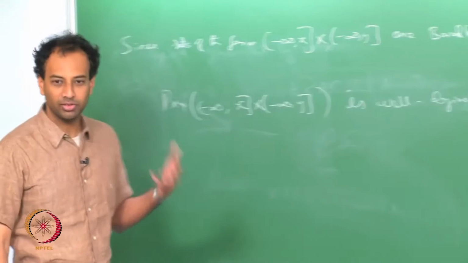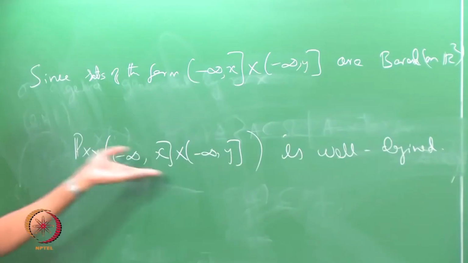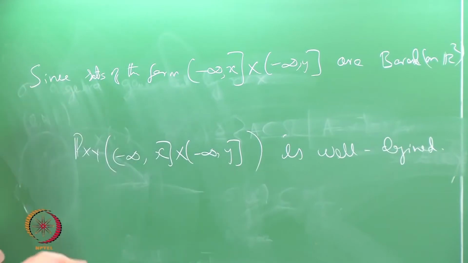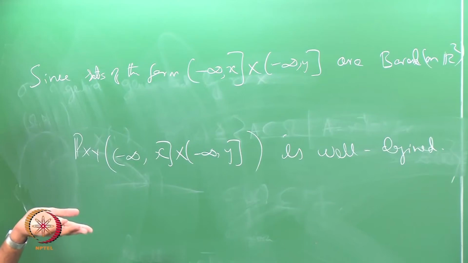Correct. So, it is defined for all Borel sets, so it must be defined for the generating class, right. I am repeating the same argument I did for the one-dimensional case, right.